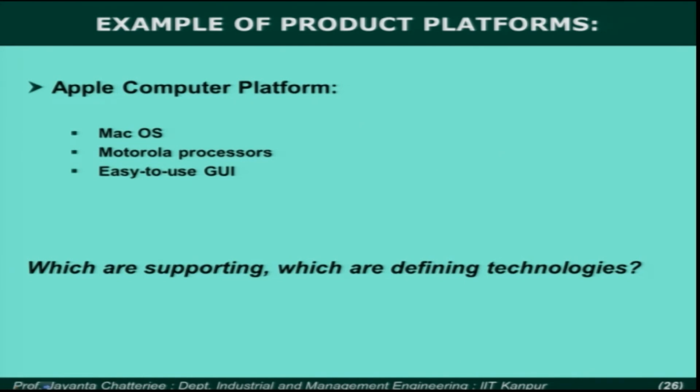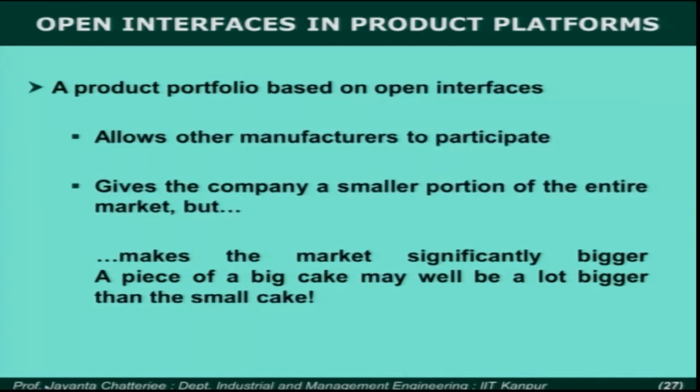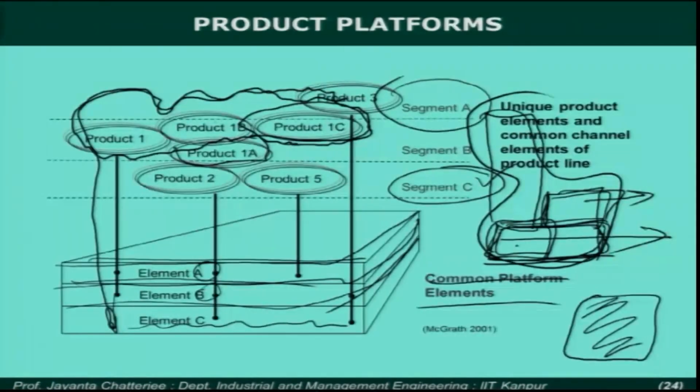And a product portfolio is what happens if you actually deploy your platform strategy well. You see, using this platform strategy, you have product 1, 1A, 1B, 1C, this is a product portfolio. You have product 2, product 5. So product portfolio is fundamentally using the product platform and modularity strategy.